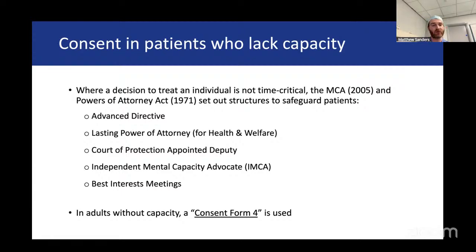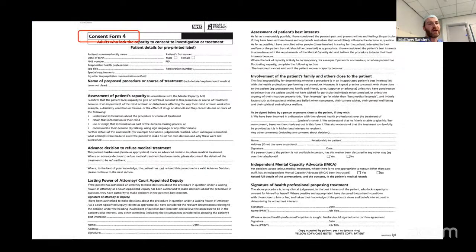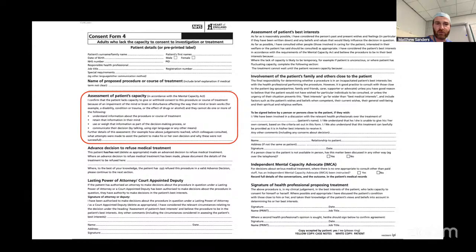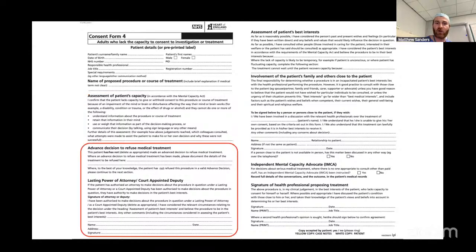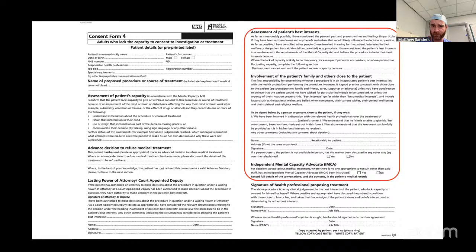In these scenarios, we use a consent form 4, which is again a standardized document up and down the UK. Again, the name of the procedure is documented. We go through each section determining the patient's capacity and whether or not they have any legislative stakeholders who can provide information in their best interests that may be relevant to their upcoming surgery.